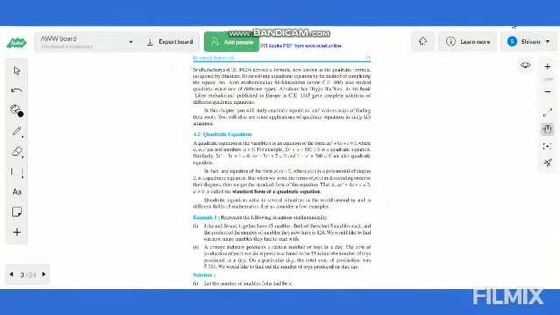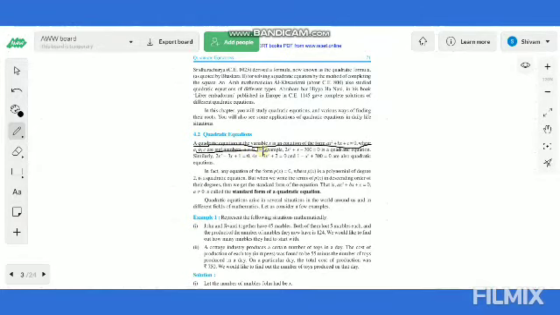So let me start. First, what is quadratic equation? Quadratic equation in the variable x is an equation of the form ax square plus bx plus c is equal to 0, where a, b, c are real numbers and a is not equal to 0.